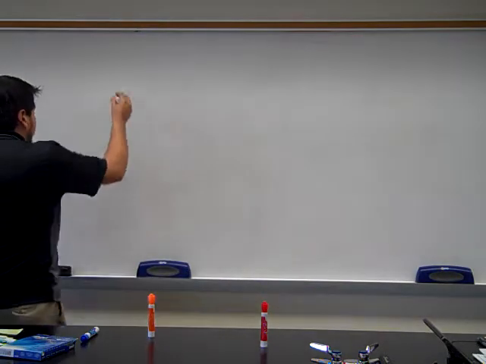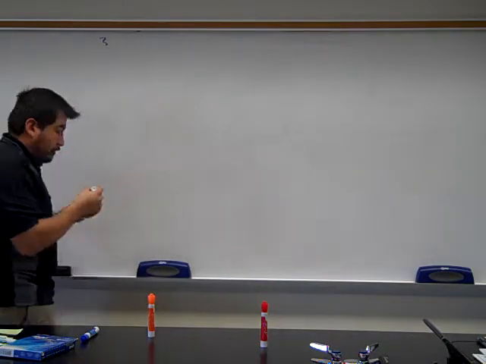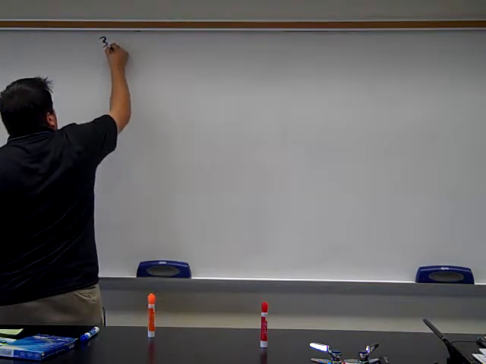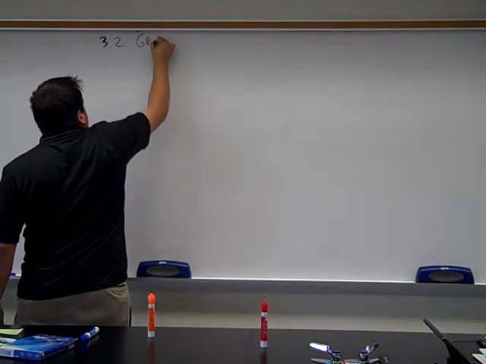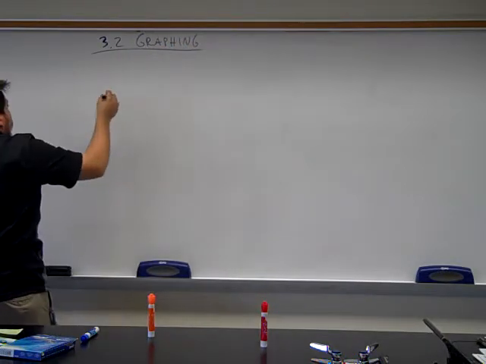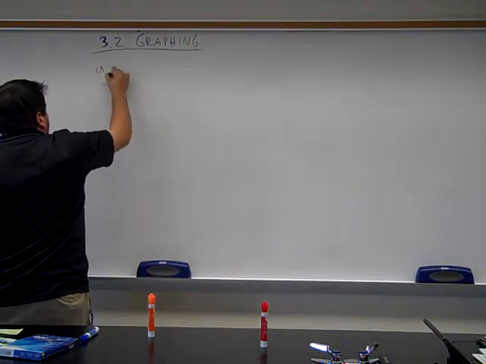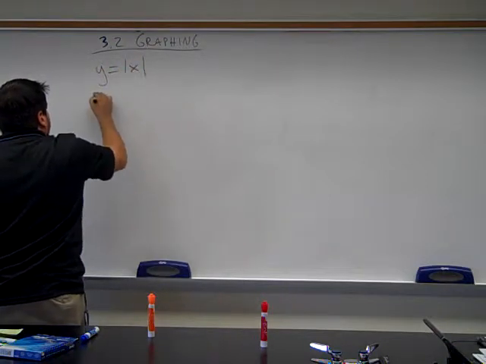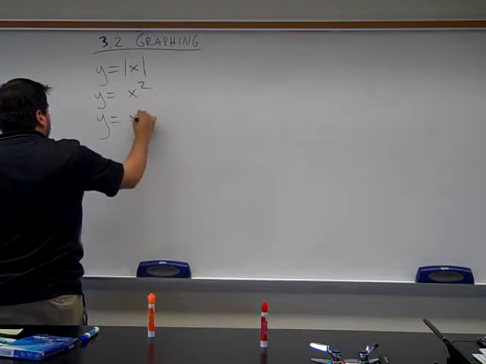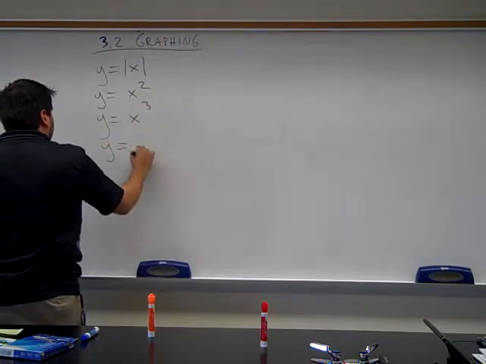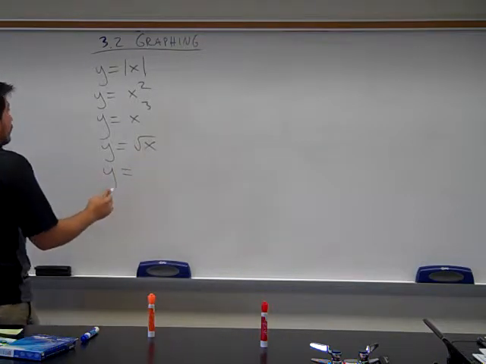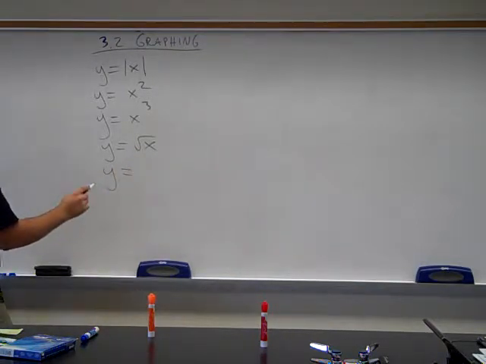First, let's see, so here's 3.2. 3.2 was graphing. And so first you talked about your 6 basic shapes: y equals absolute value of x, y equals x squared, y equals x cubed, y equals the square root of x, y equals, I think I'm forgetting one.